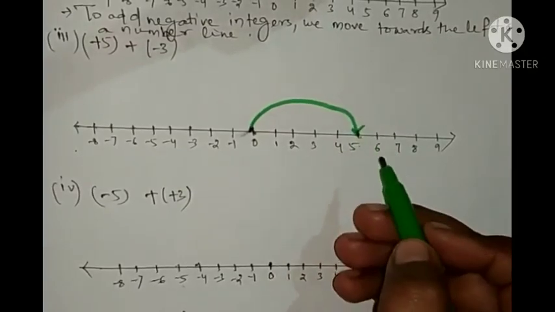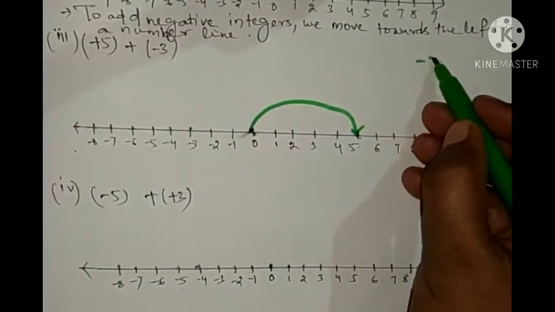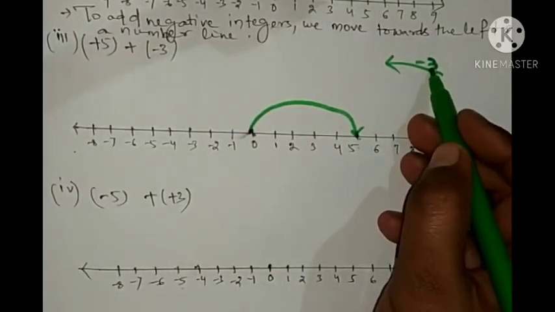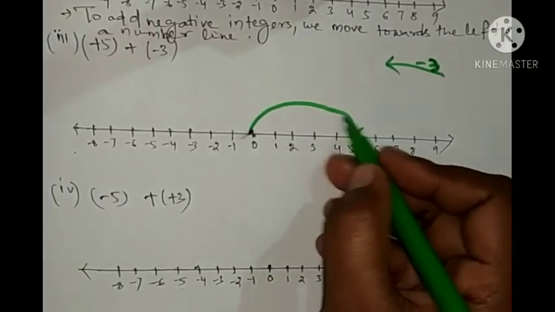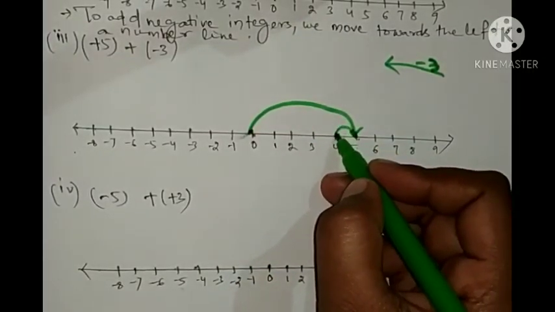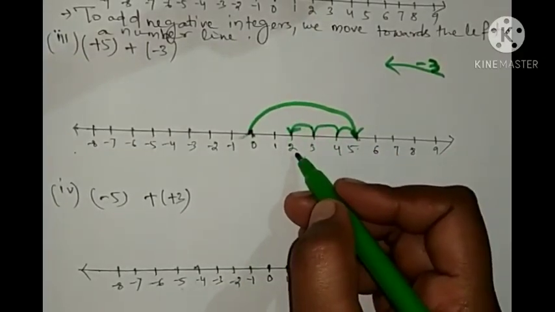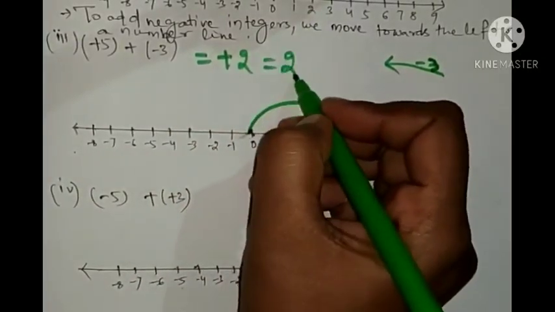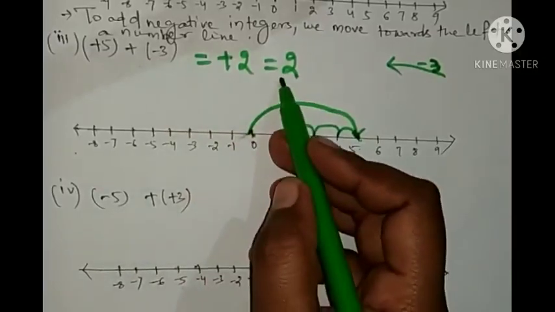Then minus 3 means you move 3 blocks towards left: 1, 2, 3. How much did you get? Plus 2, that is 2. So plus 5 plus minus 3 equals 2.